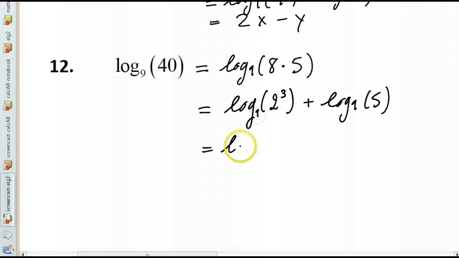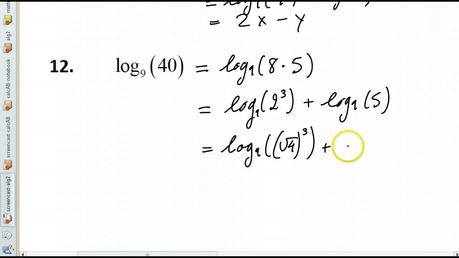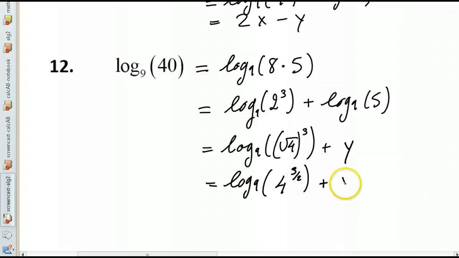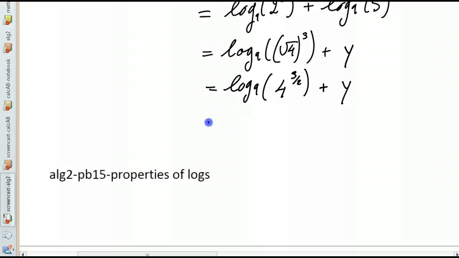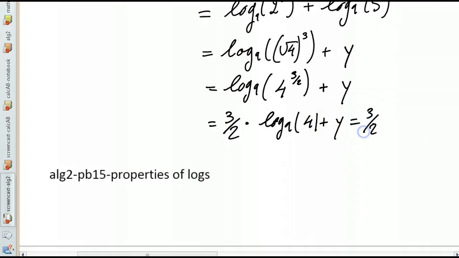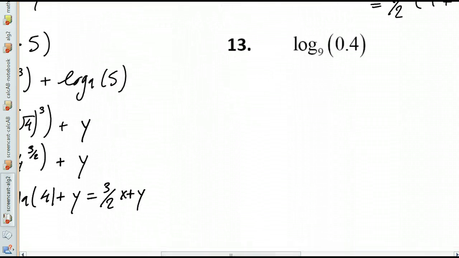Log base 9 of square root of 4 cubed plus, this is y, right? We write y. And so it is a log base 9, square root, that's power 1/2, so it's 4 to the 3/2 plus y. And so it is 3/2 times log base 9 of 4 plus y. So it's 3/2 of x plus y. Wow, okay, so this one was a little bit more involved.